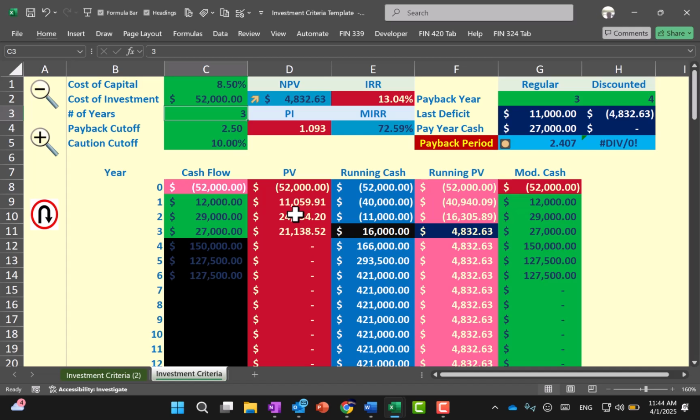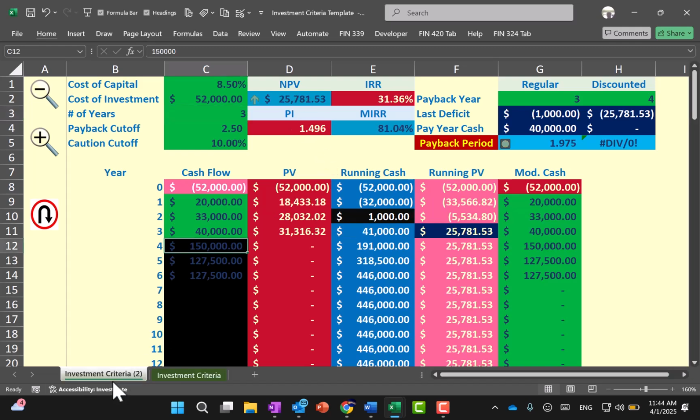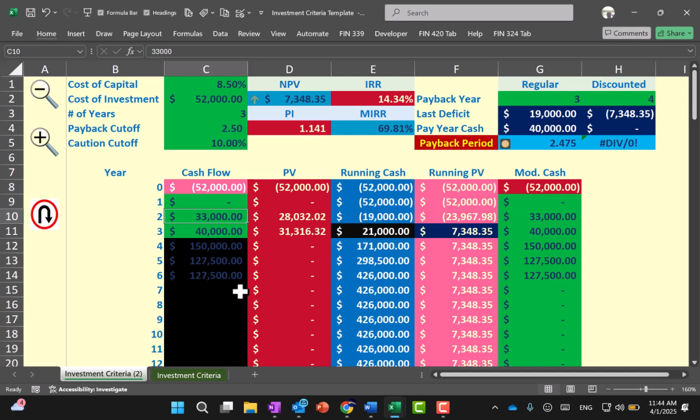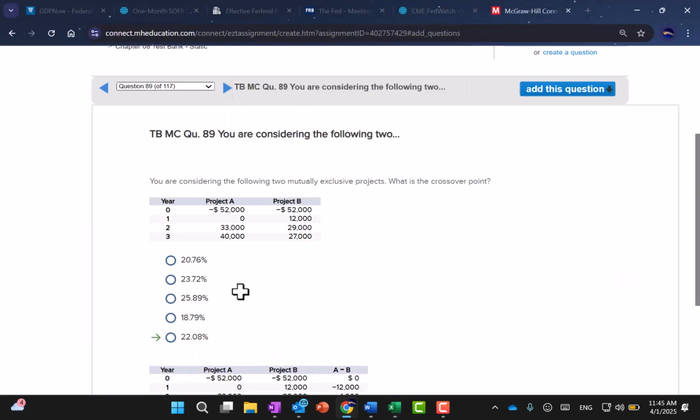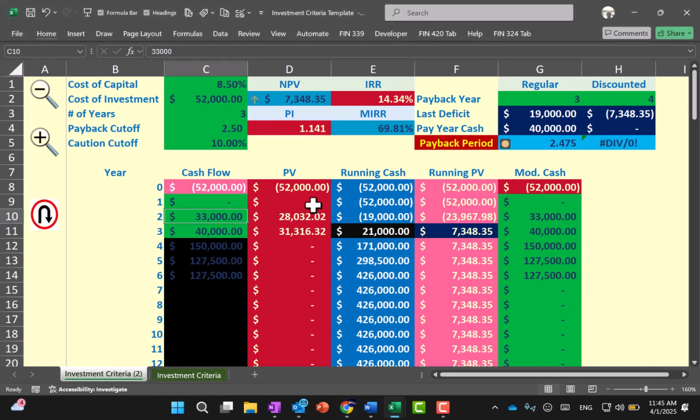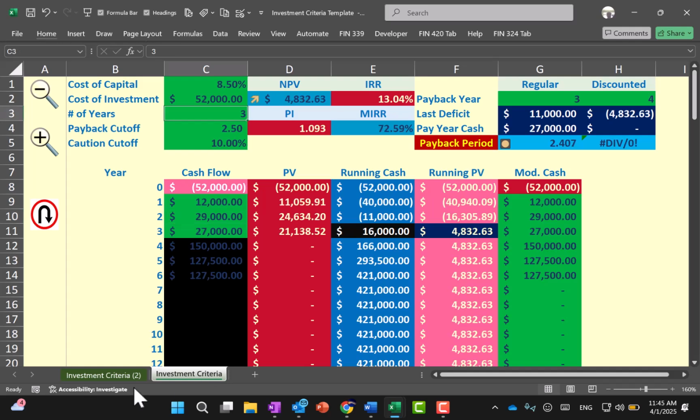If I was making a decision based on NPVs, this one has an NPV of 48. Oh, yes, thank you. No, this one should be 0.3340. Thank you. Yeah.